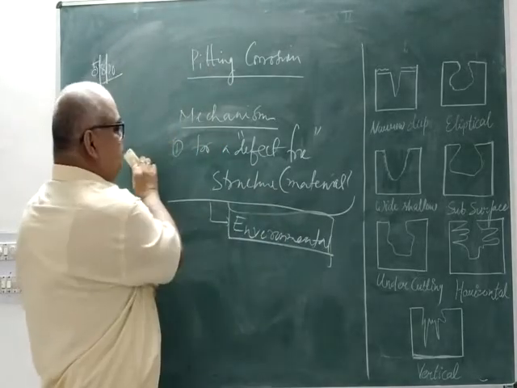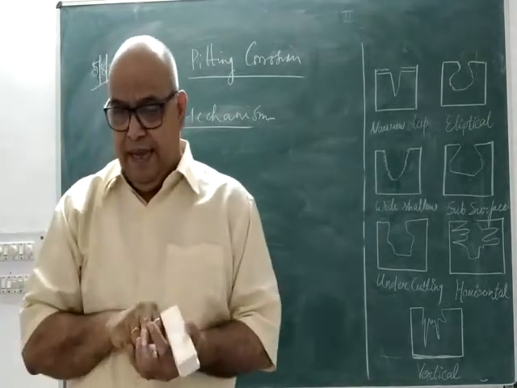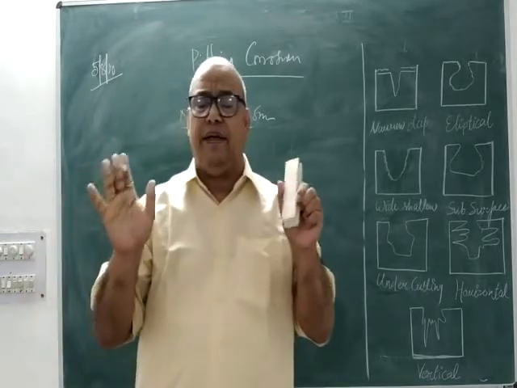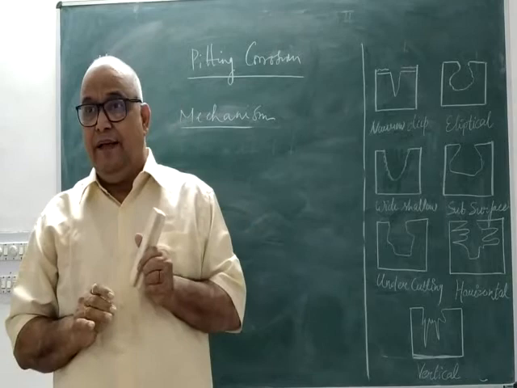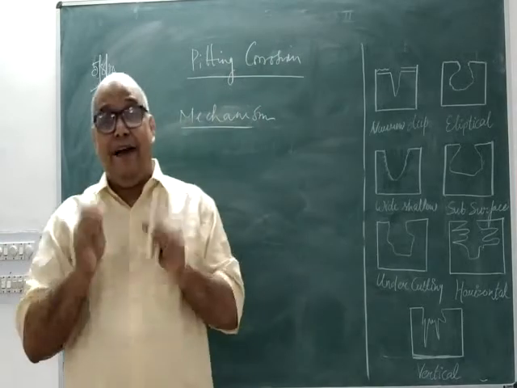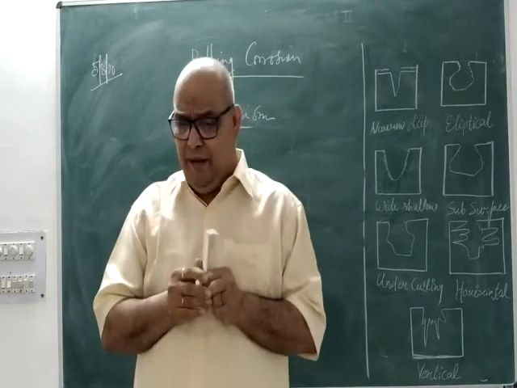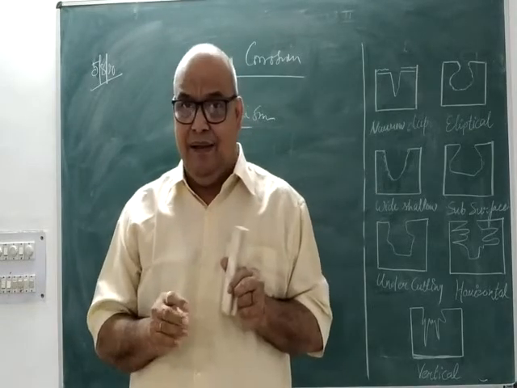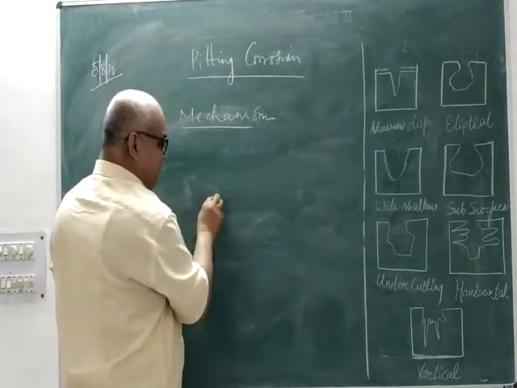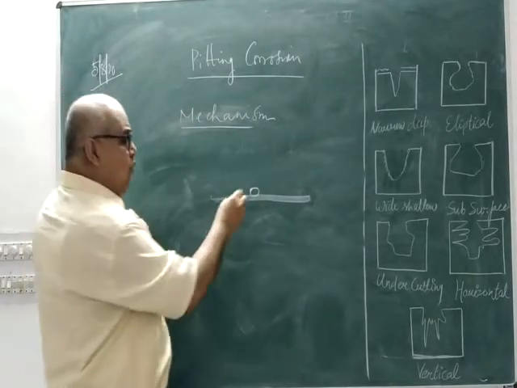Now, the second one is, suppose your structure is mechanically absolutely defect free, and chloride ion is not there. In that situation, the environment may cause this pitting type of corrosion by developing a differential aeration cell. Suppose it is a steel product, and there is a water droplet.